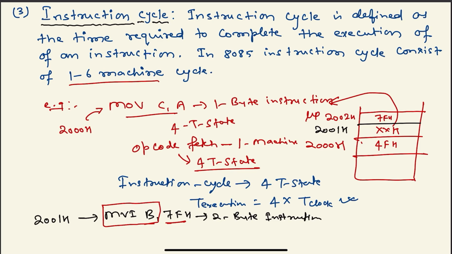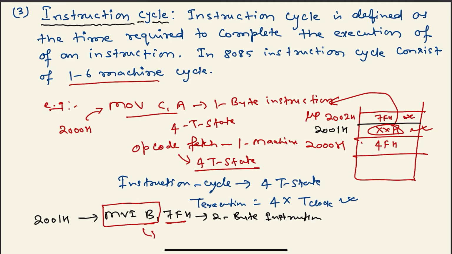Now, whenever this instruction is executed by the microprocessor, it will first take the opcode XXH, and after decoding and execution of this opcode, the processor knows that the next byte will be the operand for this instruction. So it accesses two memory locations here, one at 2001H and another at 2002H. Accessing XXH as the opcode is called the opcode fetch operation, and accessing 7FH as the operand is referred to as a memory read operation.